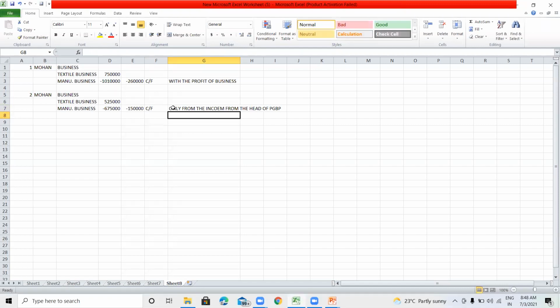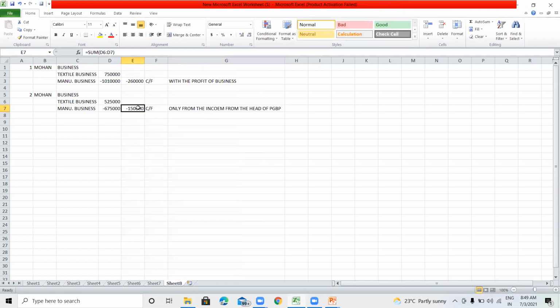Means in the next years, when we carry it forward, it will be set off only against the head of PGBP.